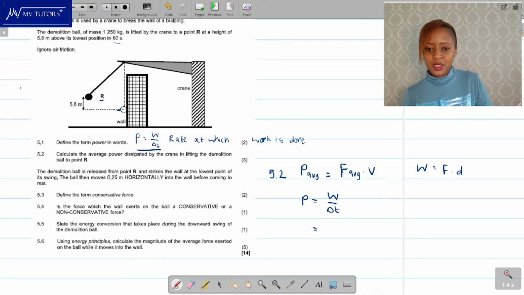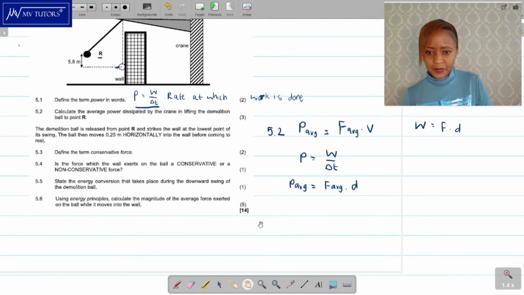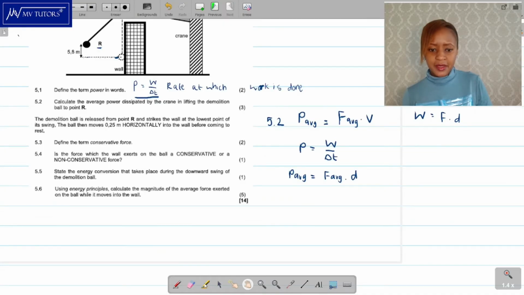So average power, I would use the average force times distance over time.